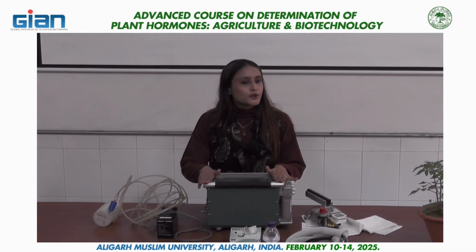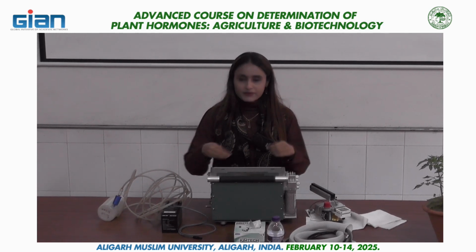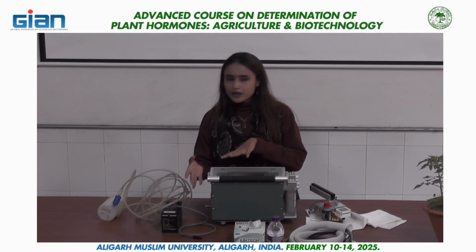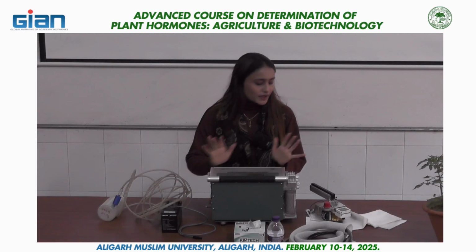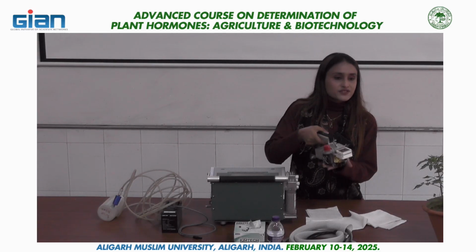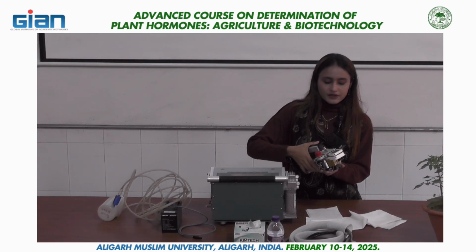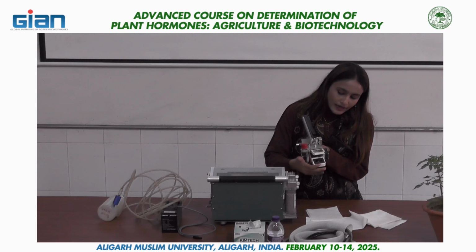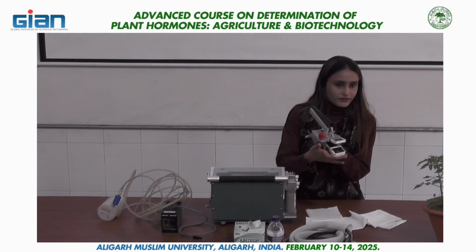This is the IRGA unit. You can see here it has a display. Everything which we are going to select or deselect is done on this main unit. This one is the leaf chamber and it has a sensor here, and when it's open it also has a thermocouple sensor here where we will be placing our leaf.